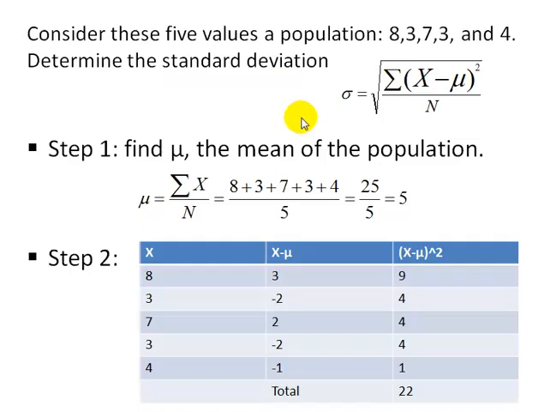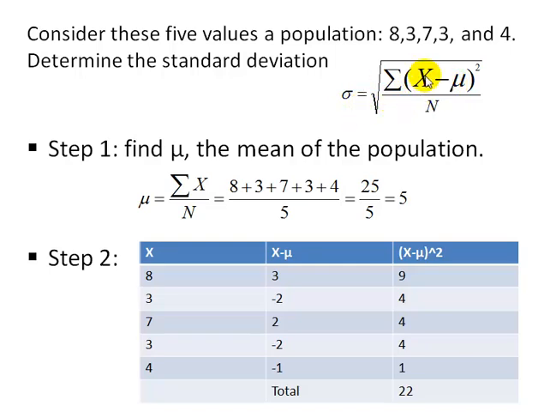Last one. Let's see how we calculate the standard deviation. Consider these 5 values of a population: 8, 3, 7, 3, and 4. Determine the standard deviation of it. So recall the formula for the standard deviation.